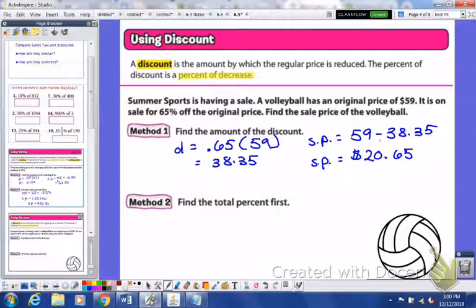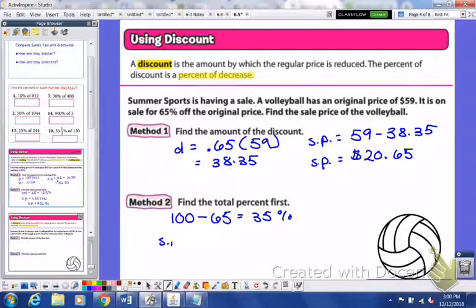Method 2, find the total percent first. Again, always start with 100. Discount, so we subtract. So minus 65 gives me 35. So I am paying 35%.